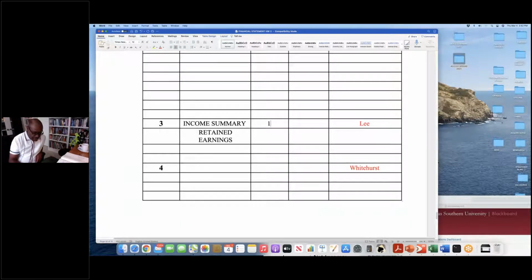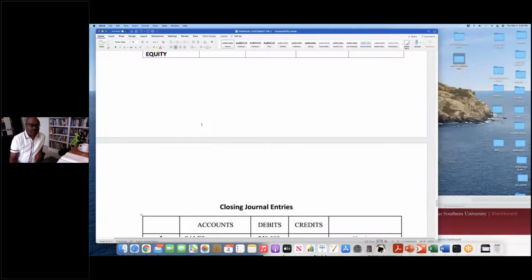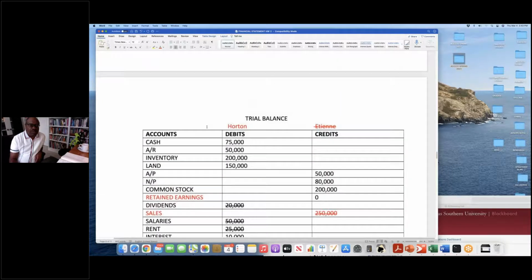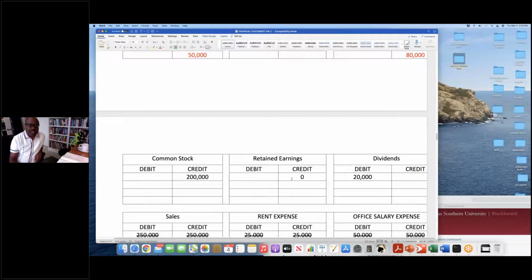So let's post this 165 debit, 165 credit. Now let's go post this entry. So when we post it, the income summary now has a debit of 165,000, and retained earnings now gets a credit of 165.